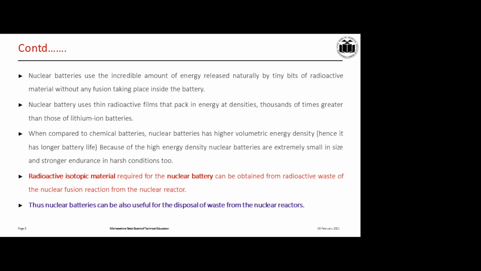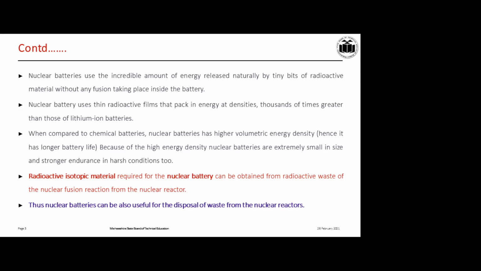Nuclear batteries use the incredible amount of energy released naturally by tiny bits of radioactive material. As we know, nuclear batteries use a radioactive isotope, without any fusion taking place inside the battery. So in this nuclear battery, the chain reaction is not there.